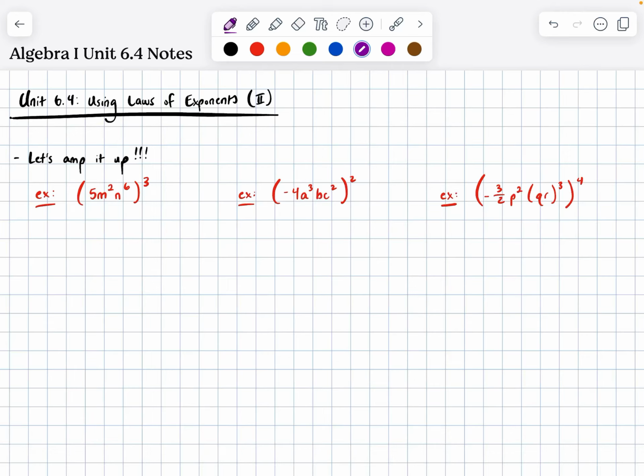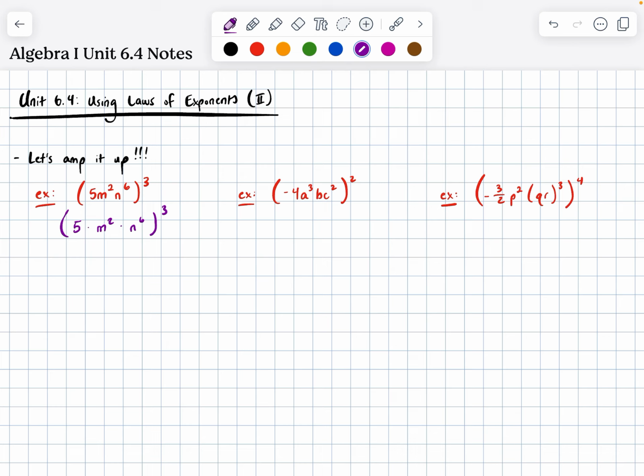Capiche. Let's go. So for our first example here, 5m squared n to the sixth, all raised to the third power. My strategy, of course, that I remember from last time is when in doubt, I want to chunk it out. So I'm going to take the argument here of my exponential expression, and I'm going to break this down into a number chunk, an m chunk, and an n chunk.